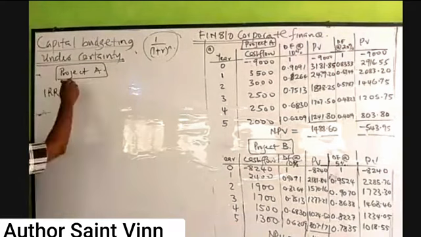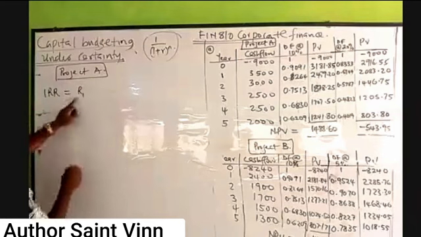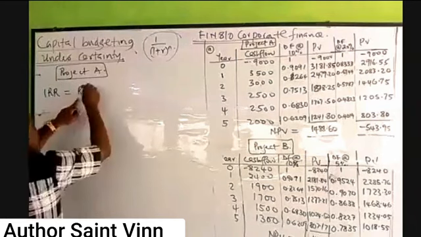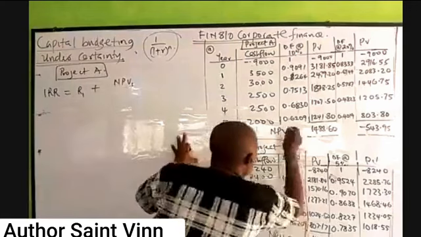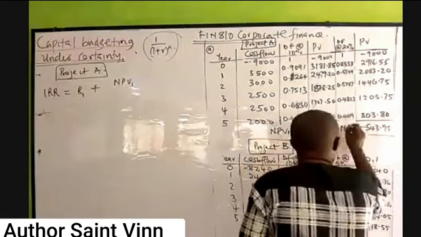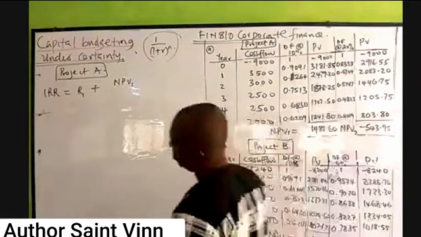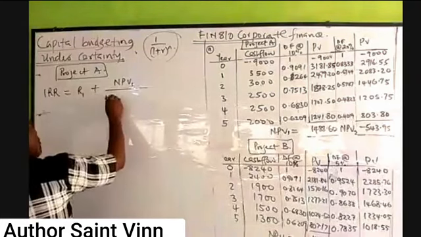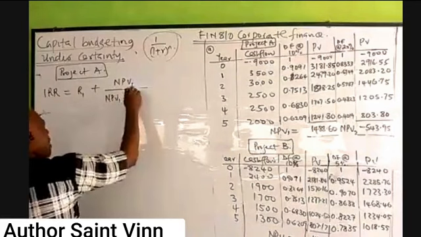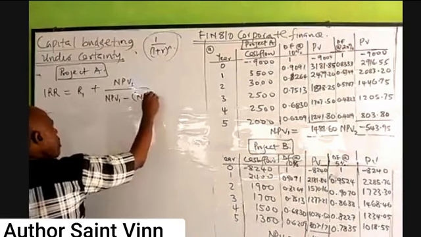This is the initial percent R1, which is 10%, plus NPV at time 1, all over NPV 1 minus NPV 2.